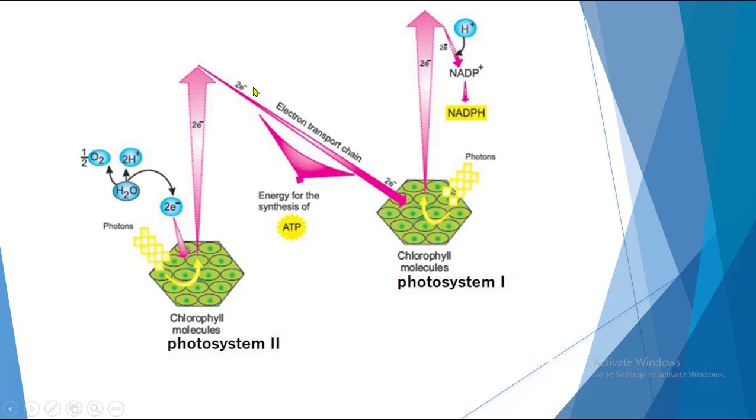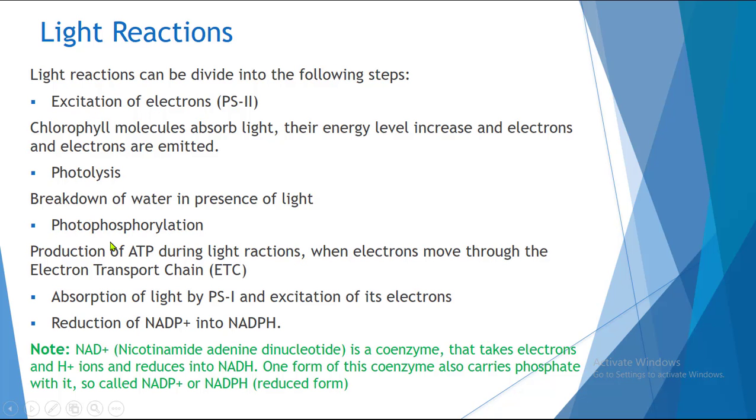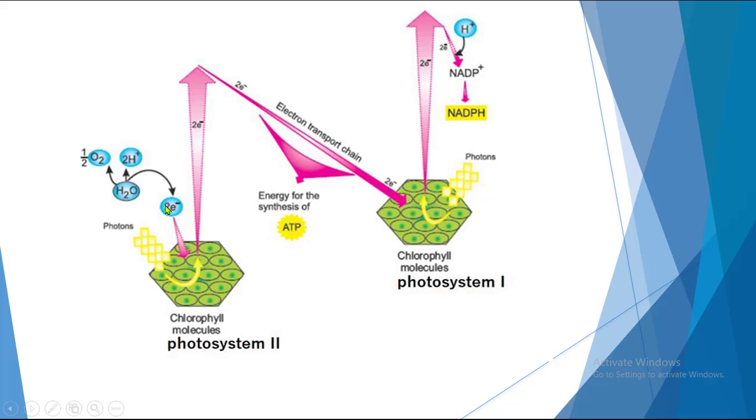During this electron transport chain, also known as ETC, a major process occurs which is known as photophosphorylation, that is the production of ATP. What happens actually is that when the electrons are passed from one protein to the next in the electron transport chain, at that time, using the energy of these electrons, ATP is synthesized.